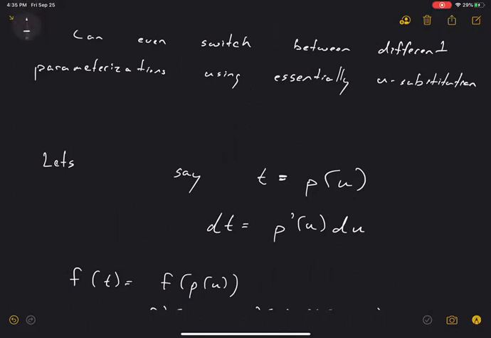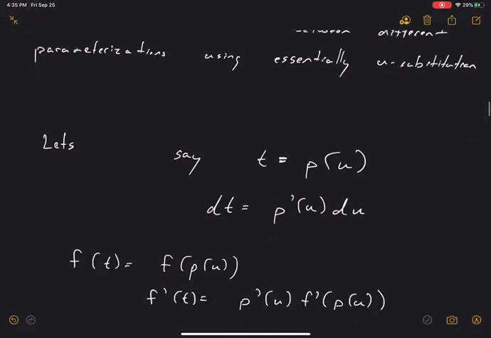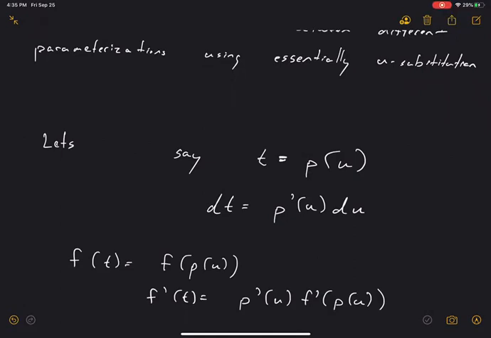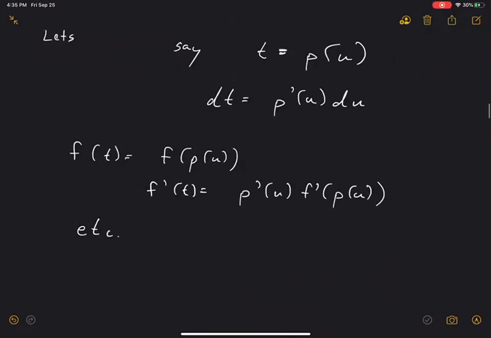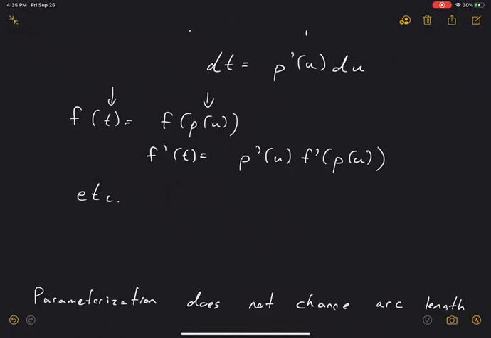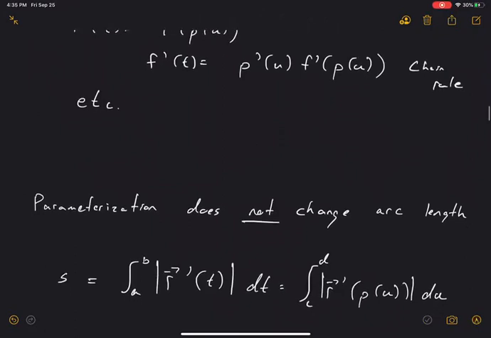Let's say t is equal to p of u. So these two parameters are related by this function p. Then we can just do a u substitution where dt is equal to p prime of u du, and I replace t everywhere I see it with p of u. Basically, this is the chain rule, right? And so I can easily switch between parameterizations.